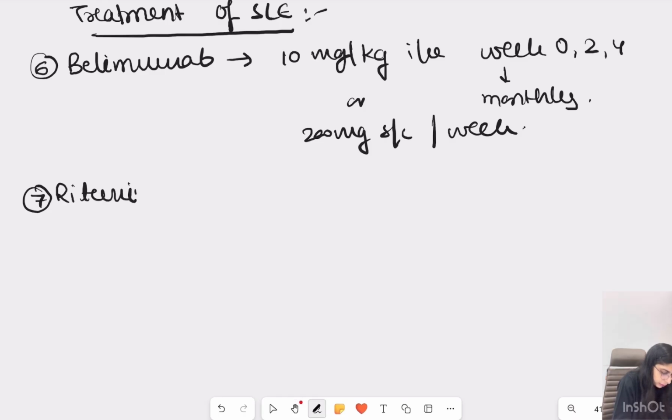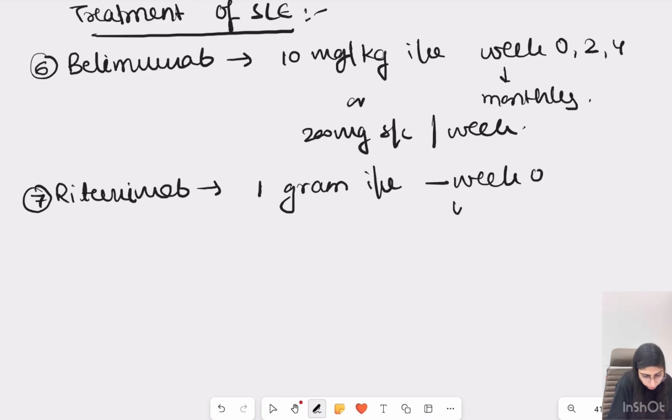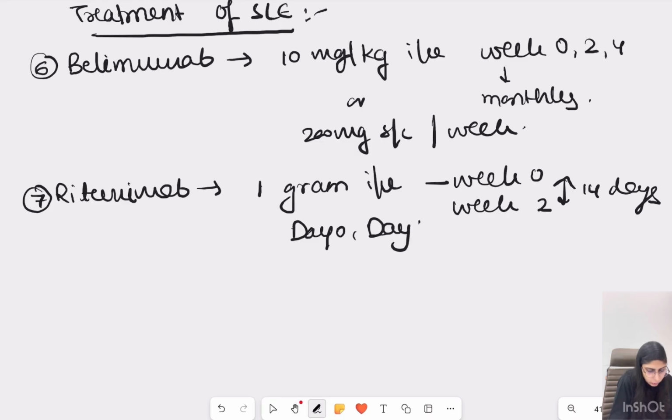Rituximab is a wonder drug. Not exactly a wonder drug, but rituximab immediately brings down the CD20 levels, the antibody levels, to almost zero. Right? So rituximab, 1 gram IV, week 0, and then 2 weeks later. So 14 days gap, we can give 2 rituximabs, 1 gram, 2 doses, day 0 and day 14.